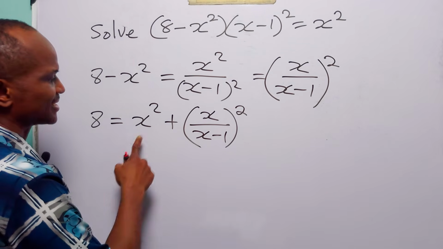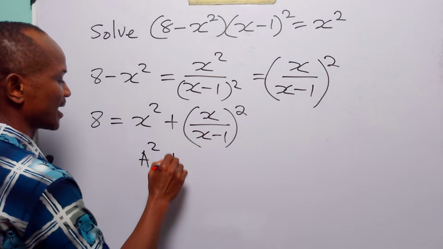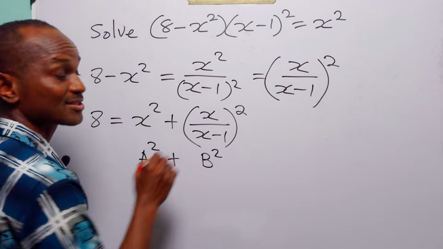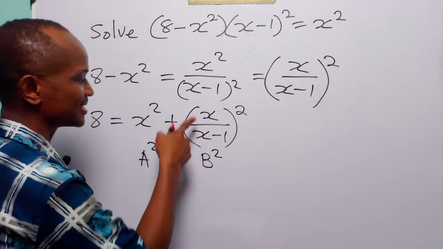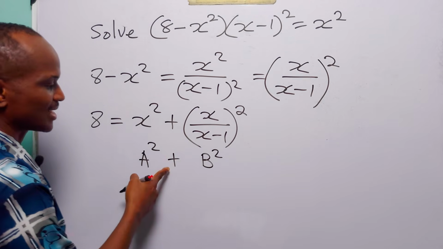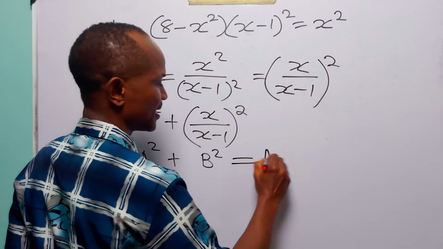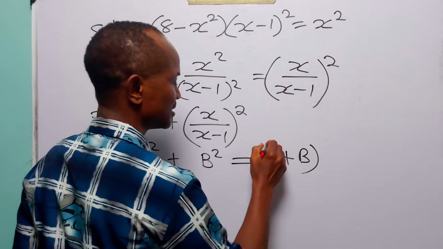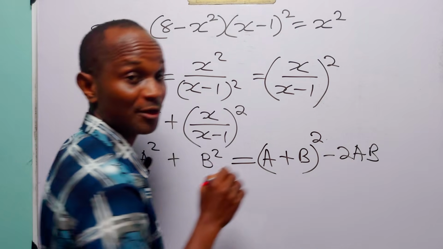Now, notice that the right-hand side of this equation is in the form a² + b², where a is x and b is x over x - 1. And also, remember that we can write a² + b² as (a + b)² - 2ab.